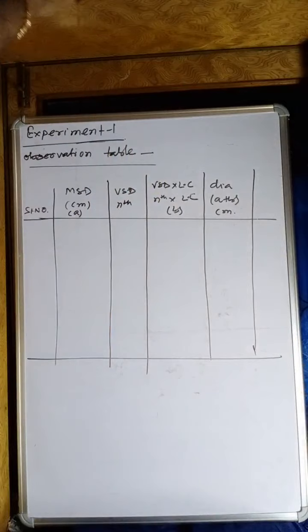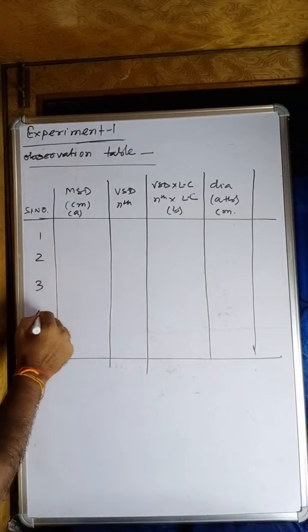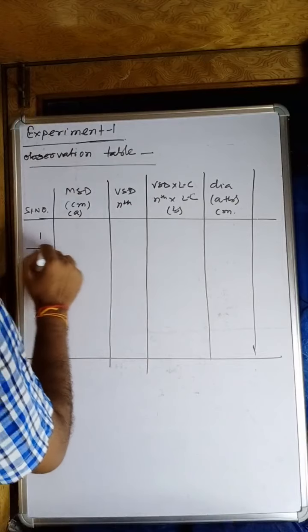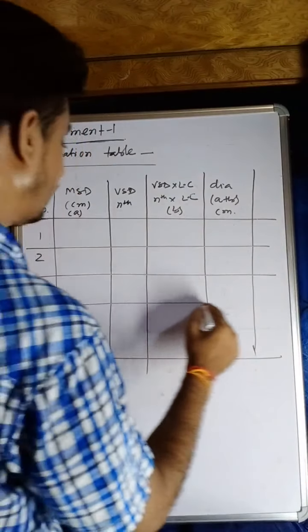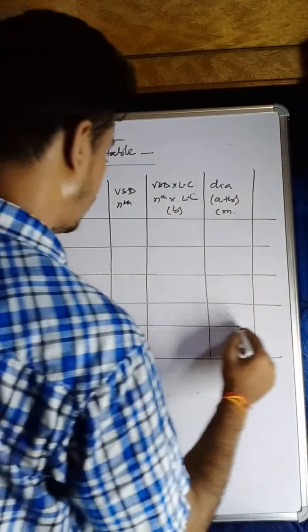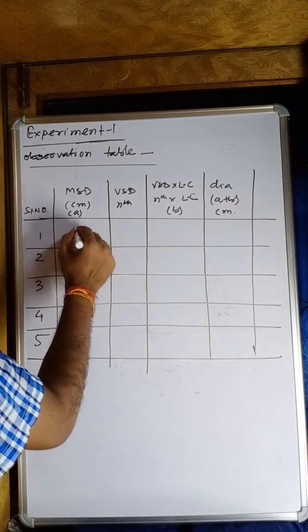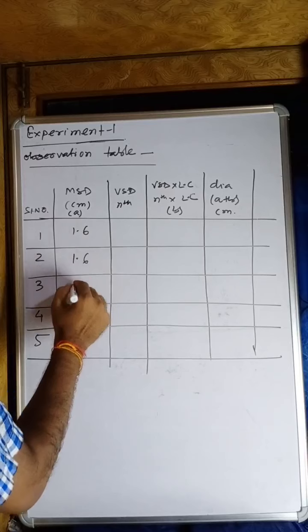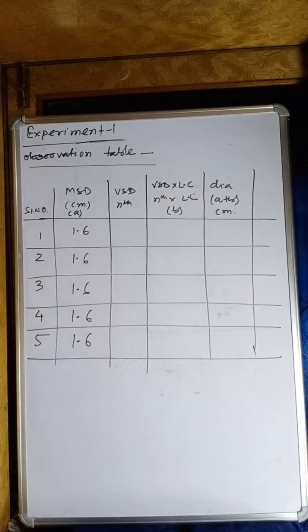You are performing 5 experiments, suppose, 5 observations, to minimize the error. In the first observation you got the value 1.6 as the main scale division, and you are getting 1.6 almost in each observation.